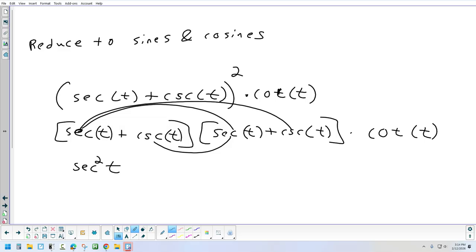How many of the secant times cosecants do we have? 2. So 2 secant cosecant. And lastly, cosecant times cosecant. What does that give me? Cosecant squared.